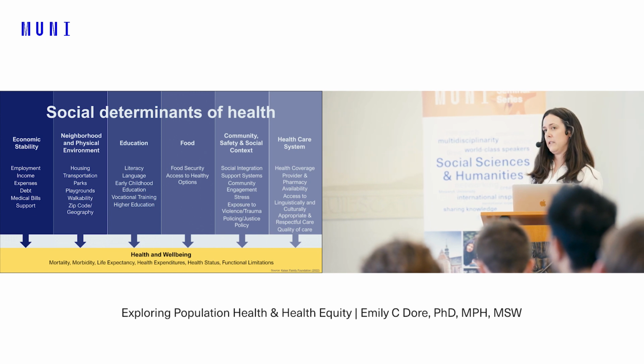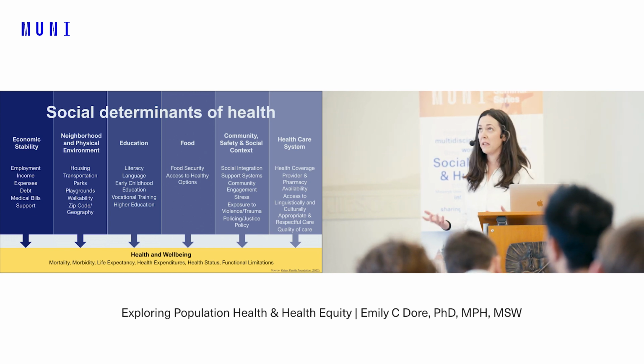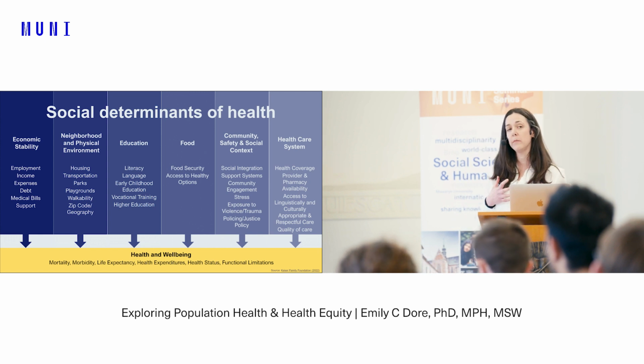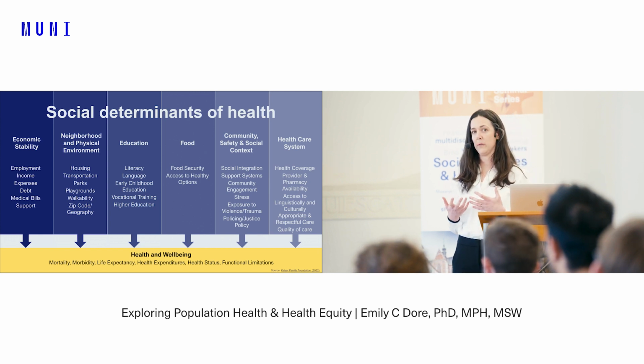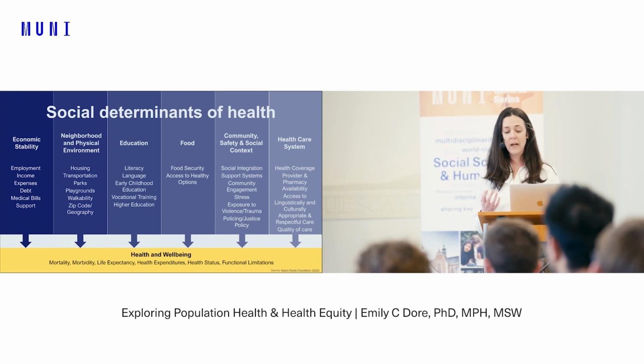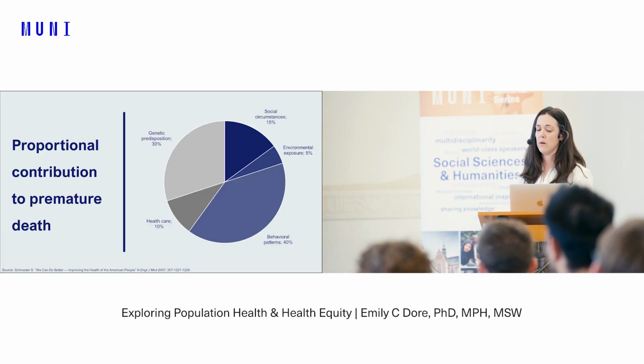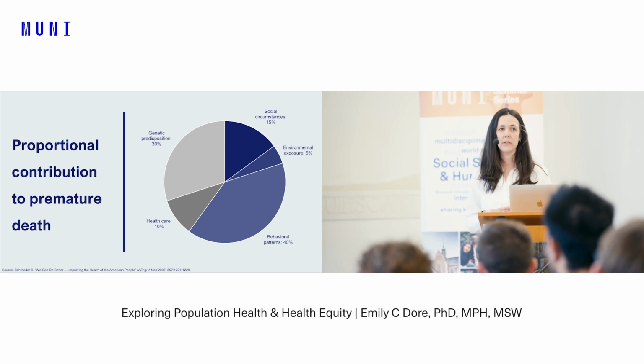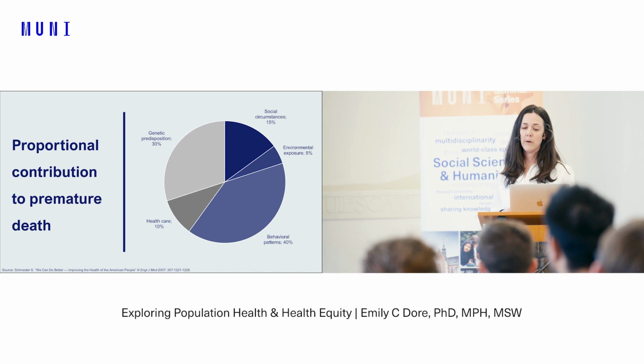But these are all factors that, it's hard to think back to what I thought before I started studying this, but you can think they're kind of removed from our individual level health outcomes because they're not things like our genetics or healthcare treatments. But over and over, research has shown that these social determinants are really important for our health outcomes.